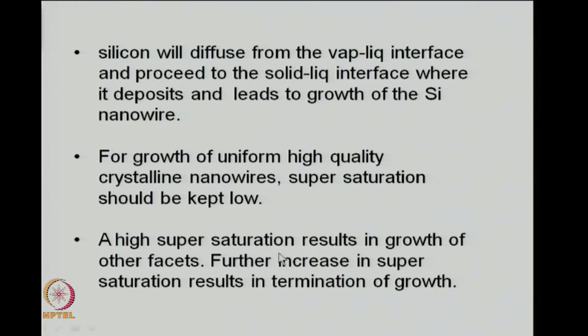So, high supersaturation results in growth of several facets, not one facet. If you want a crystalline nanowire, you want one facet or one direction to grow. If you have high supersaturation, it results in growth of several facets, and if you increase beyond a certain level, very high supersaturation, then it will lead to termination of the growth of the nanorod.